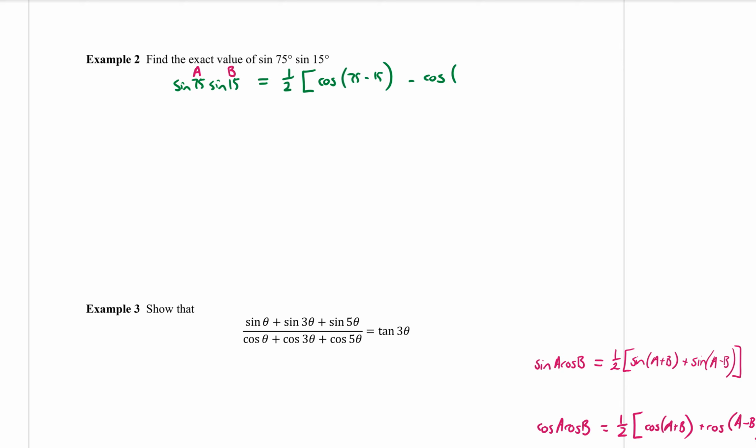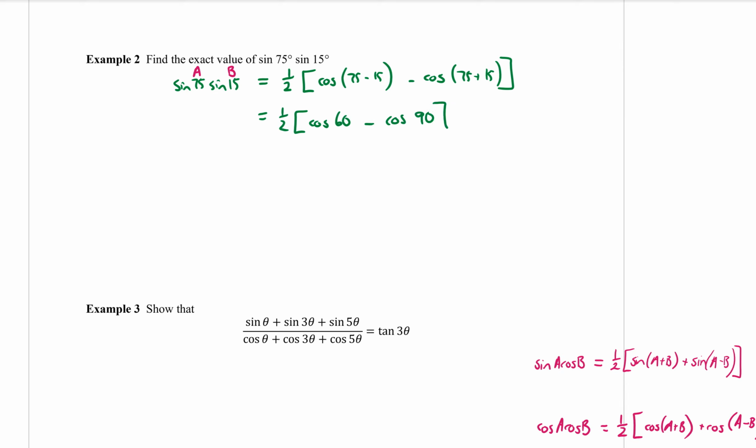Okay, simplifying that, 75 minus 15 is 60, so cos 60, and 75 plus 15 is 90, so cos 90. They are both values that I can find exact values for.